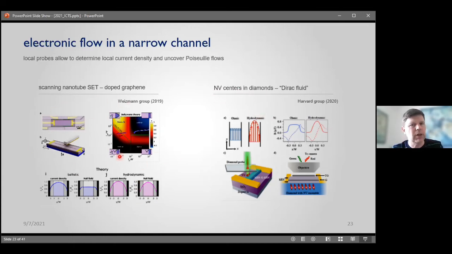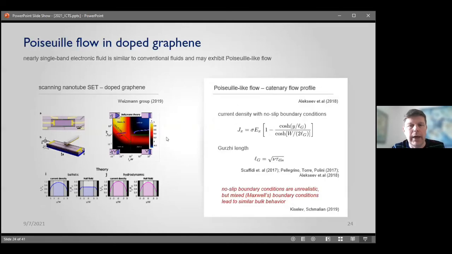So this experiment in the Weizmann Institute, or Weizmann-Manchester collaboration, focused on exactly this Poiseuille flow in doped graphene, whereas the Harvard group was focusing on the Dirac point and trying to exhibit this Poiseuille flow of Dirac fermions. Right now, in doped graphene, the Poiseuille flow does exist, except that it's not always a parabola. It's more like a catenary curve, but it's basically this type of curved flow that's seen in experiment, right?